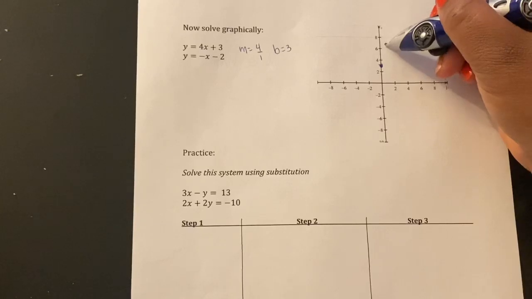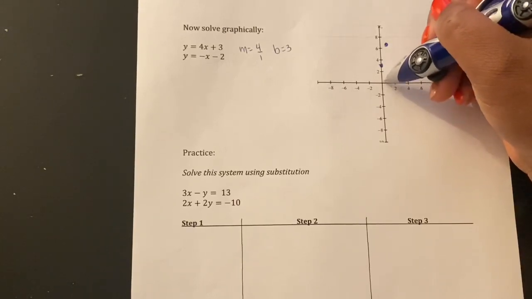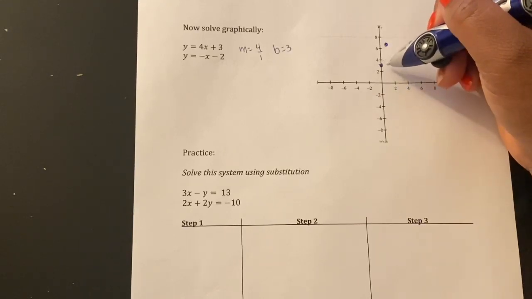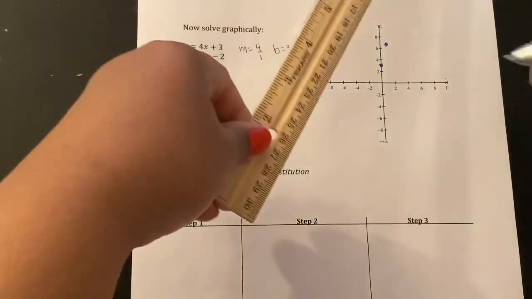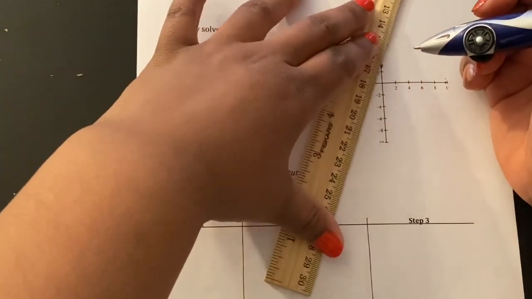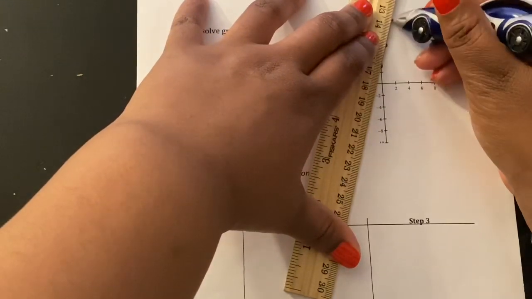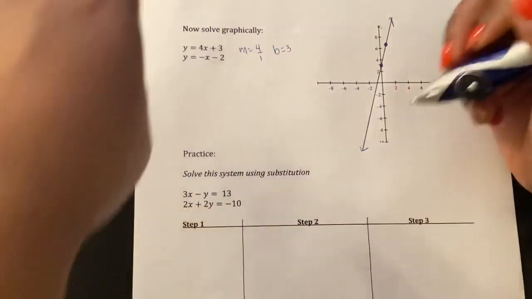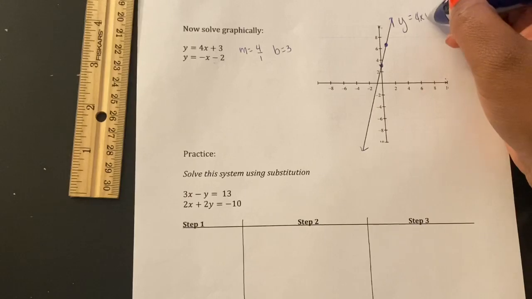Now notice on this coordinate plane, they're counting by 2s. So 1 is in between 0 and 2, and 3 is in between 2 and 4. And then I'm going to graph it. And this is the line y is equal to 4x plus 3.